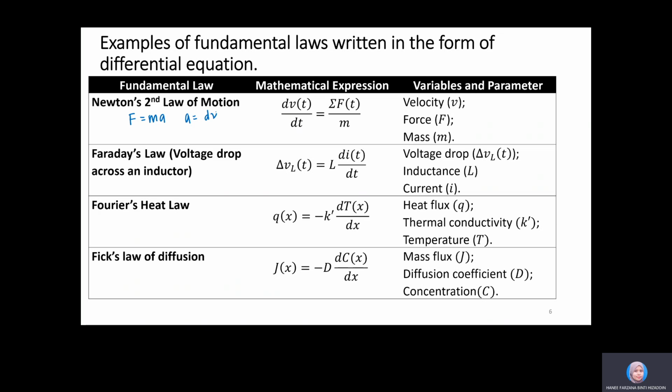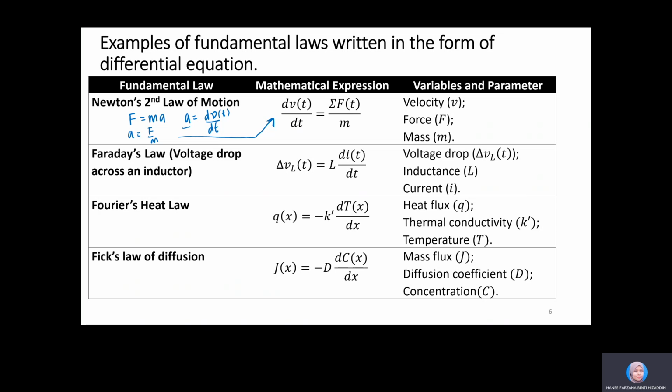So a is equal to dV/dt, where V is a function of t. So you have dV as a function of t, and force over mass. So you can write a equals F over m in terms of a differential equation like this, if you want to have a more dynamic function of velocity and time instead of just an absolute value of a, F and m.